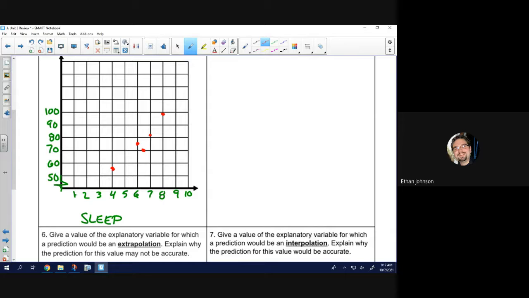And 5.5, 65. So there is our scatter plot.